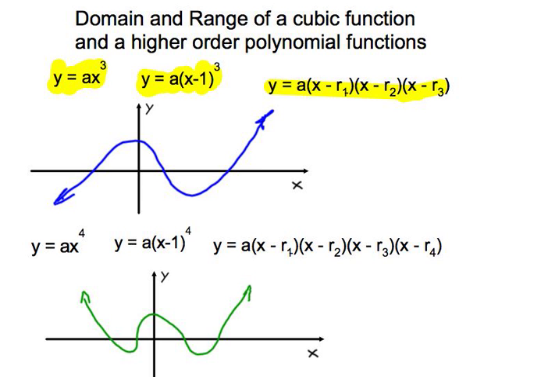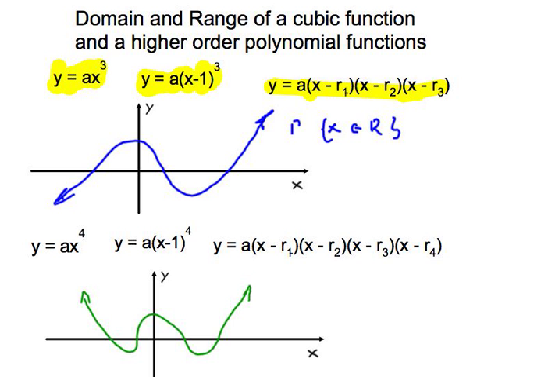So you can gradually see that the domain for any cubic function should be the set of real values. The domain has no restrictions, and we can say that x is an element of R, and that's the domain.